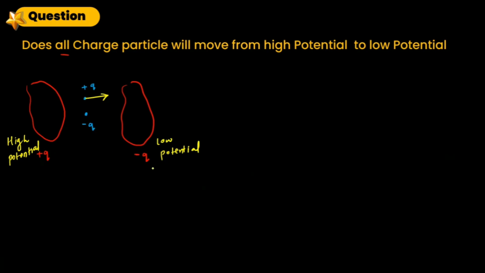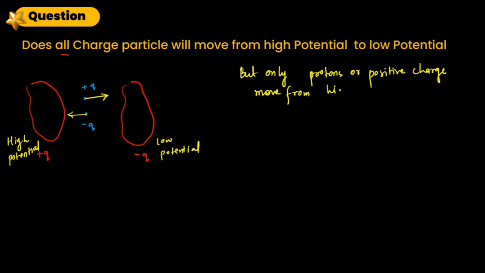Whereas this negative will repel this negative charge, so it will move towards this. So not all the charges move from high potential to low potential, but only protons or positive charges move from high potential to low potential.